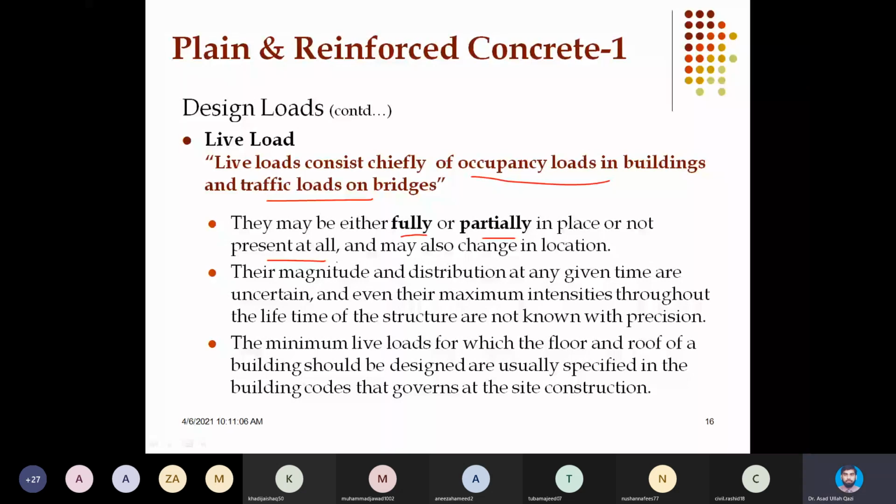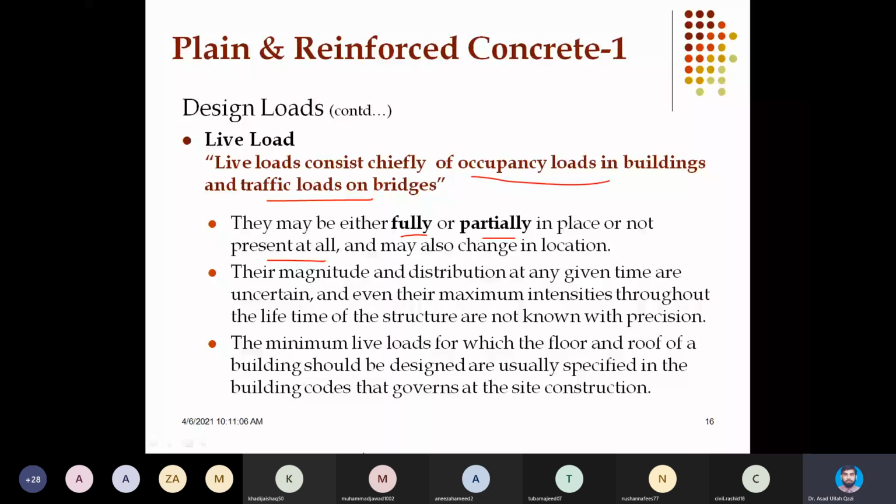And it may also change in location. It means that in one room, if students are present, it is possible in next room, there is no class, and then in very next lecture, the room which was vacant is now occupied by the students, by the live load, and the one which was preoccupied is empty.